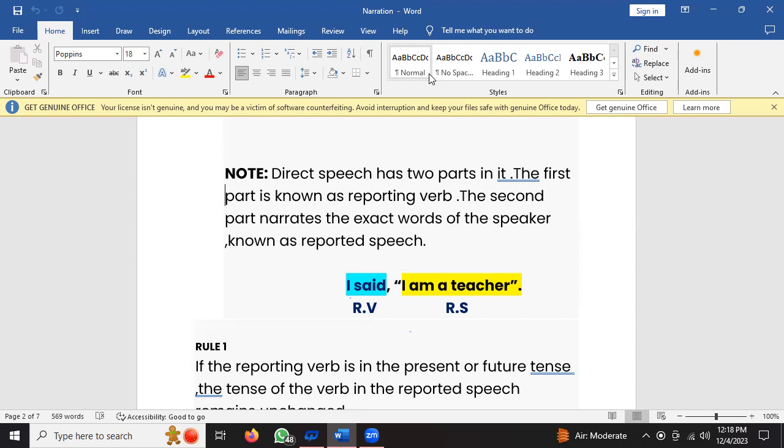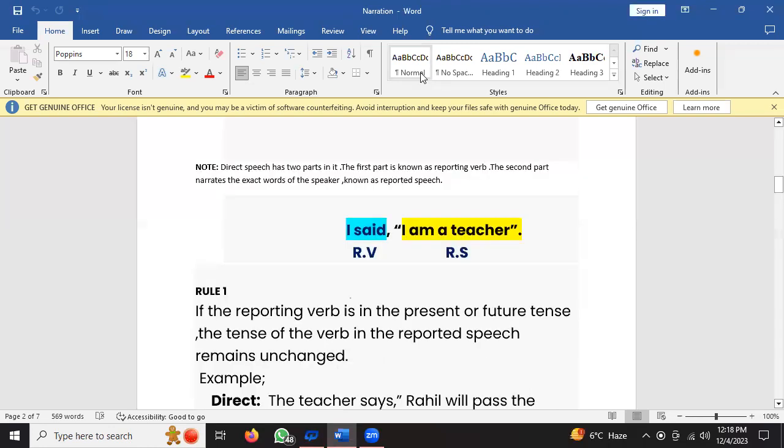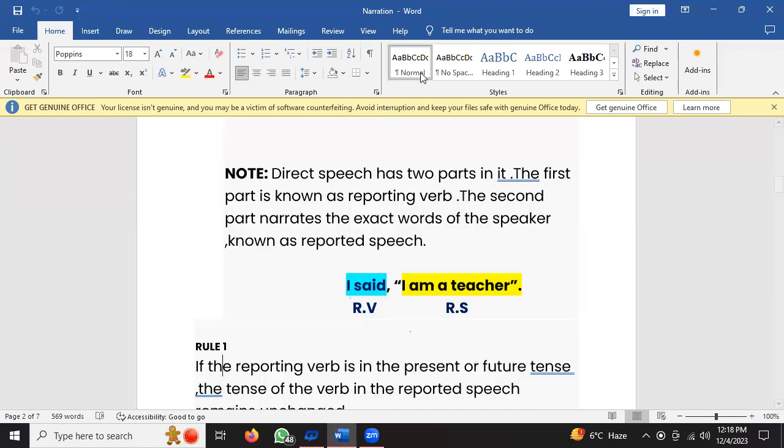The sentence is divided into 2 portions. One of the portions is known as RV, which I have written here. RV stands for reporting verb, right? And then there is another half which is known as reported speech.